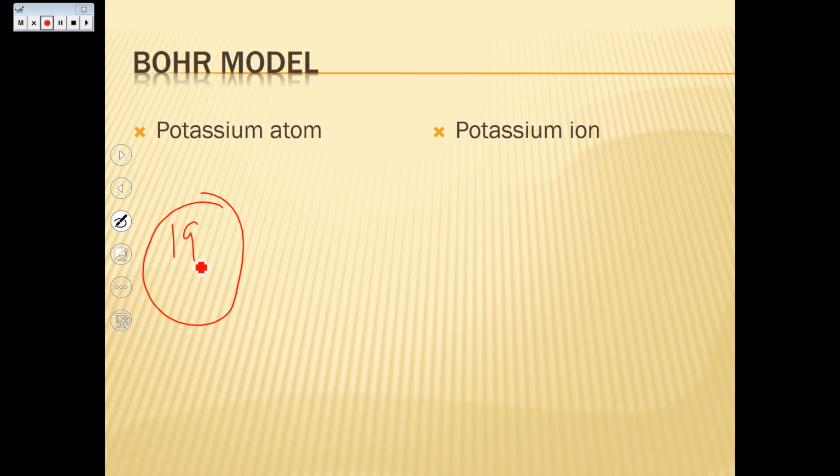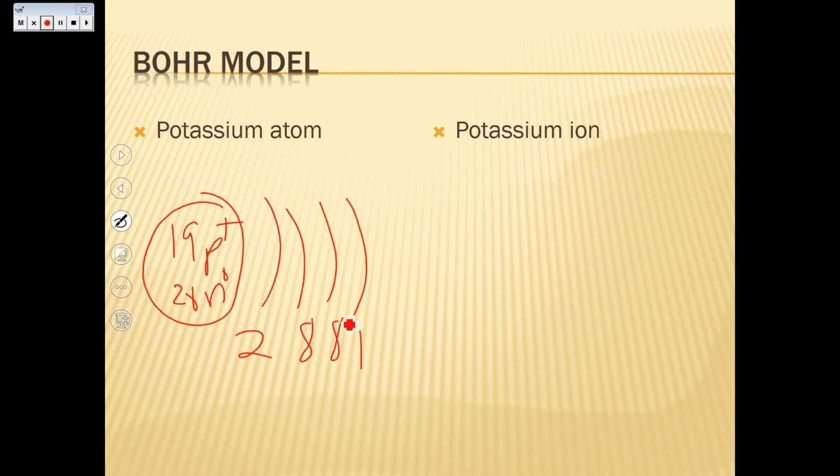Potassium has 19 protons, and it has a mass of 39, which means that it has 20 neutrons. Potassium is in period number 4. We're going to draw 4 rings there. It has 1 electron out there, 2, 8, and 8 electrons there. So that's the Bohr model of potassium that we've seen before.